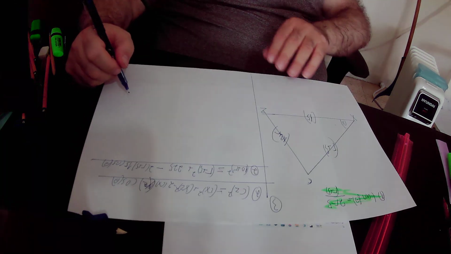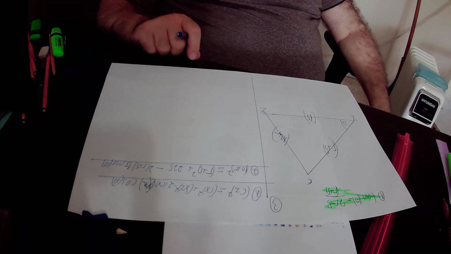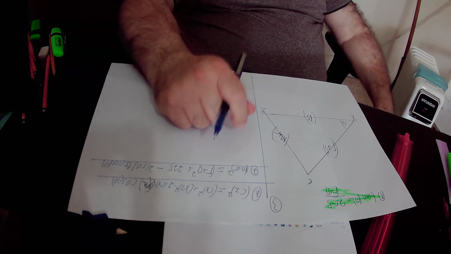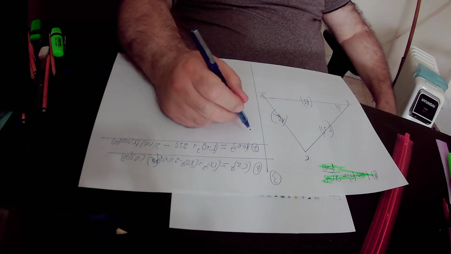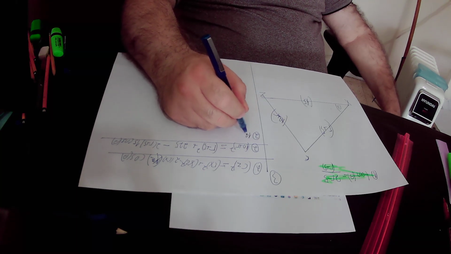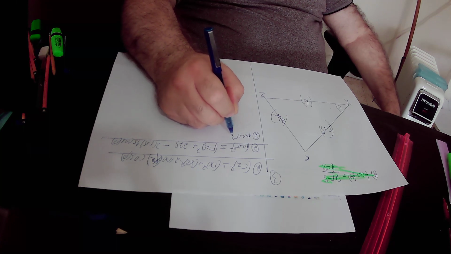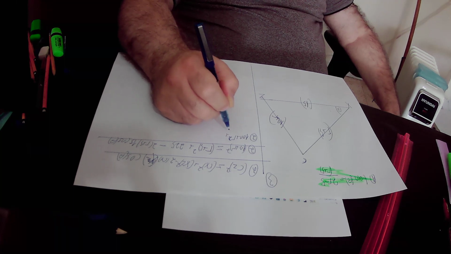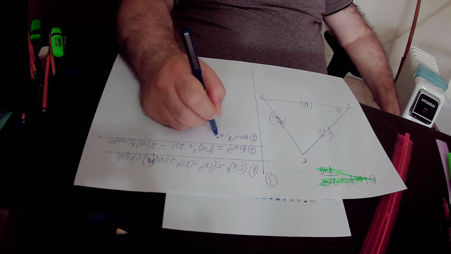Here we will open the brackets on both sides of equation number 2. (10 plus r) squared equals 10 squared, that is 100, plus r squared, plus 2 times 10r, that is 20r.